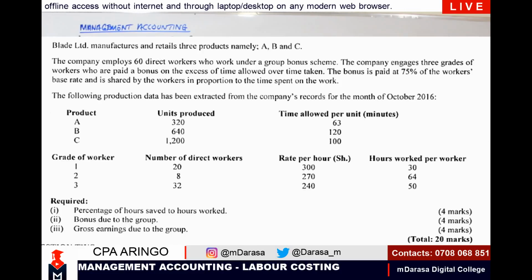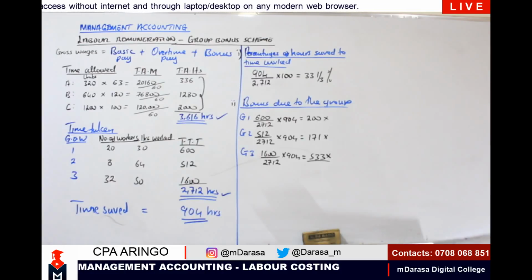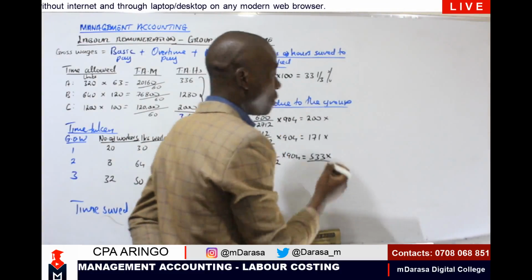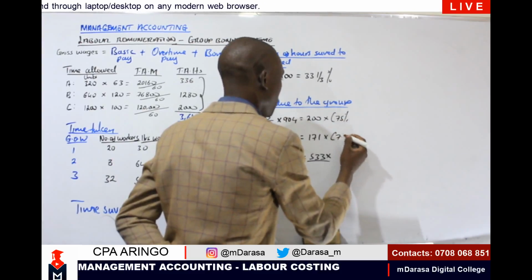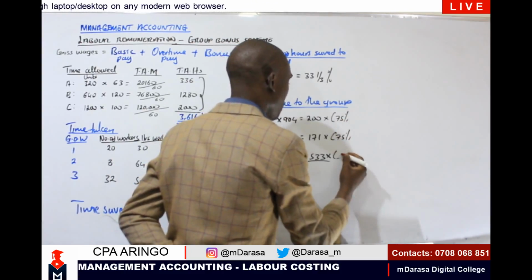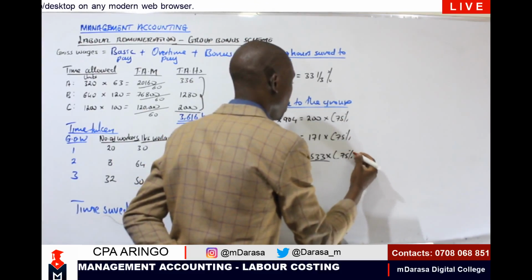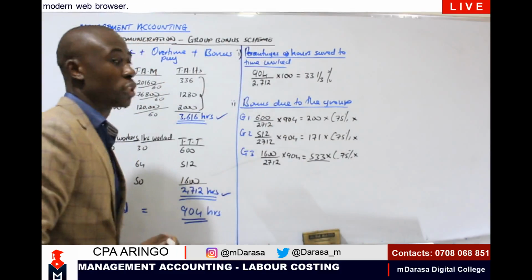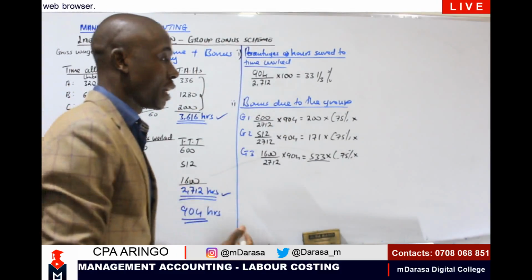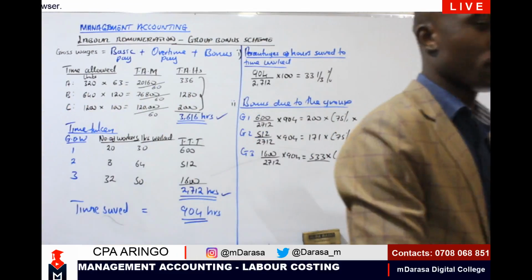So I'll be having 75% multiplied by the basic rate for each group.